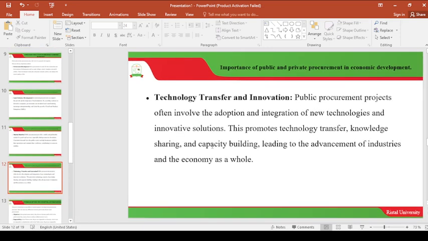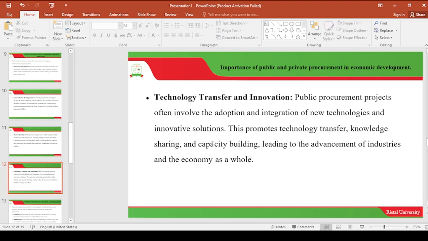Another point is technology transfer and innovation. Public procurement projects often involve the adoption and integration of new technologies and innovative solutions. This promotes technology transfer, knowledge sharing, and capacity building, leading to the advancement of industries and the economy as a whole.